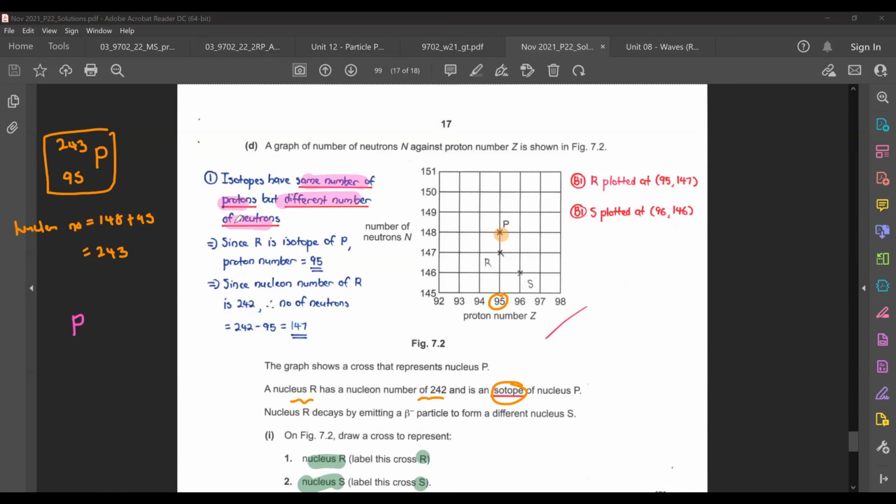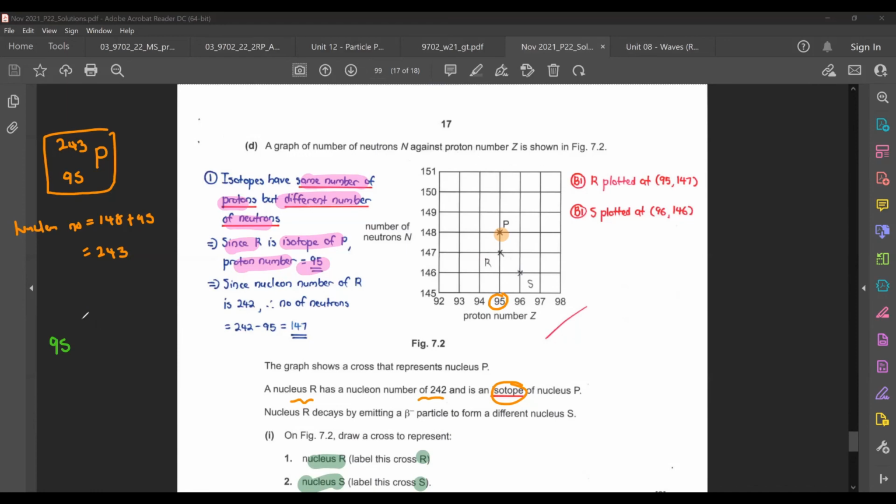Since R is an isotope of P, its proton number must therefore be 95. Sorry, I labeled this wrongly.